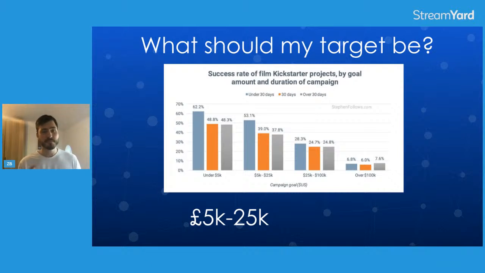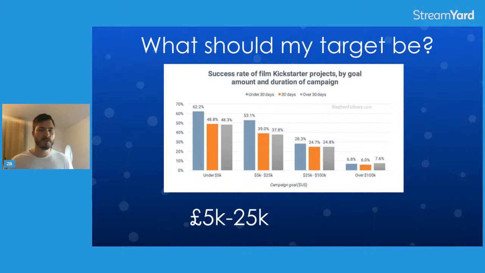But that said, the formula for how much you should crowdfund is, what is the minimum amount that you need to make your film where you're still going to be really excited to make your film for that budget? So some of you who might be crowdfunding for shorts, you might be thinking, well, if push came to shove I would be able to make my short for £5,000 or $5,000, but that wouldn't really excite me.